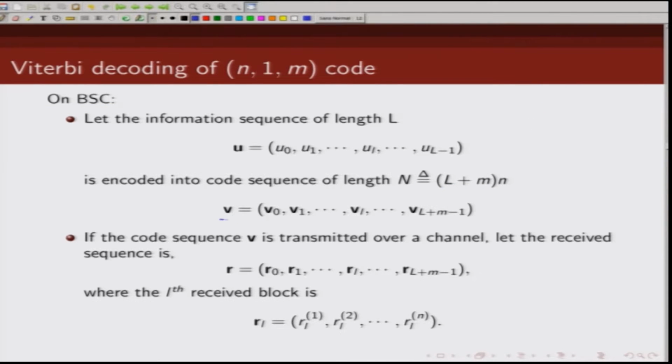If you transmit this code sequence over the binary symmetric channel, the received sequence is denoted by R. So we receive R0, R1, R2, up to R L plus m minus 1, where each Ri consists of n bits. This R is the received sequence corresponding to the code sequence that we have transmitted.